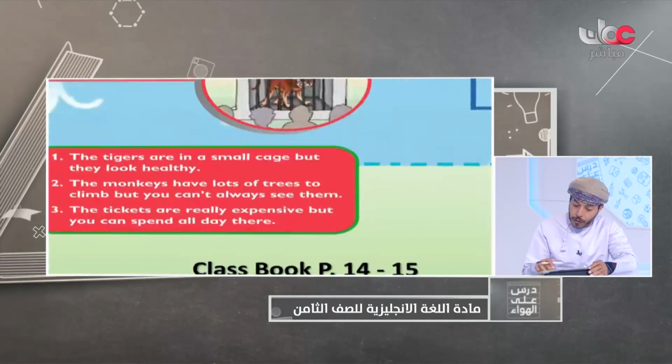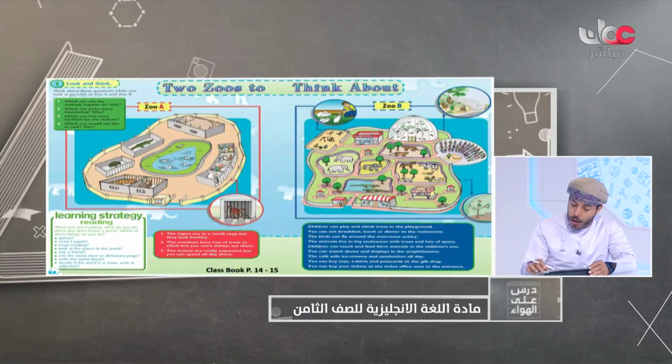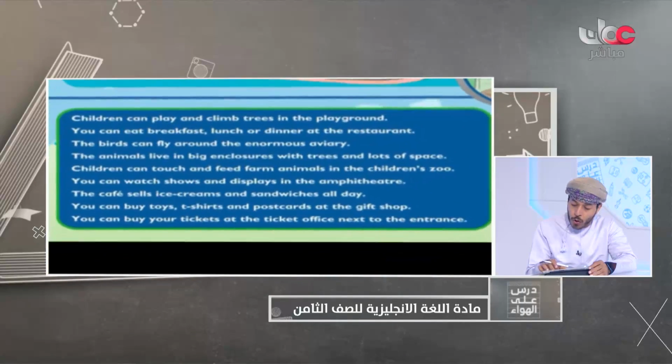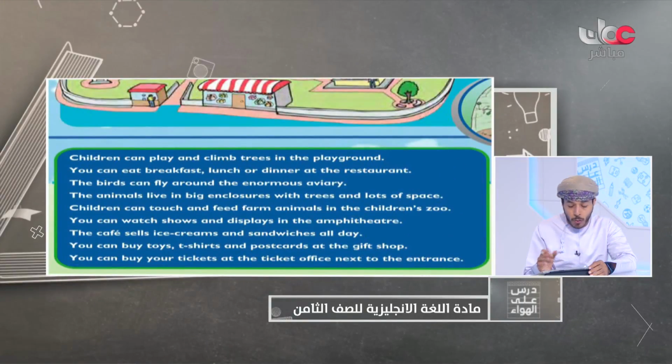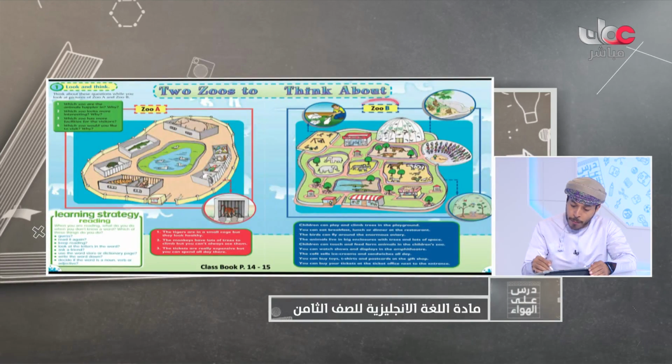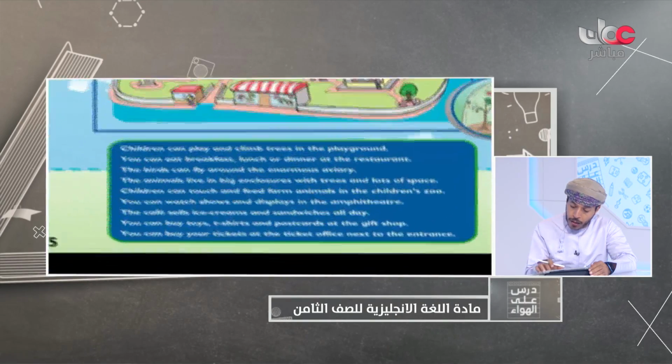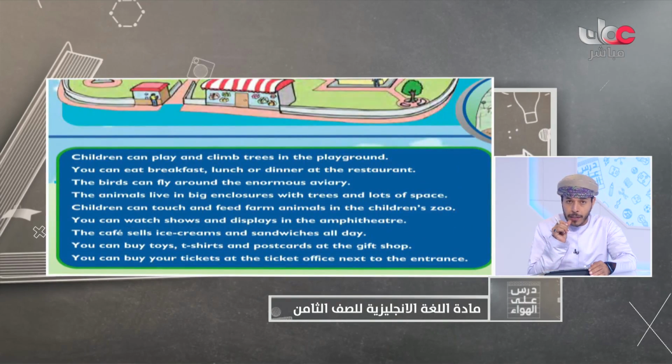Okay? Good. I would like you to draw your attention to this blue box, and this is going to help us in our next activity. This blue box is talking about zoo B, and it is talking about different places that different people go to, like children or people.